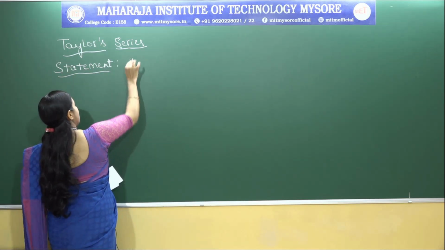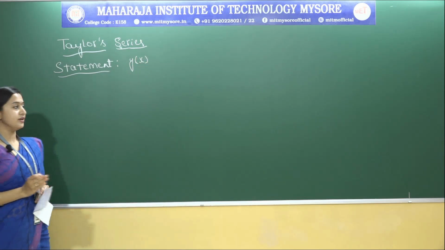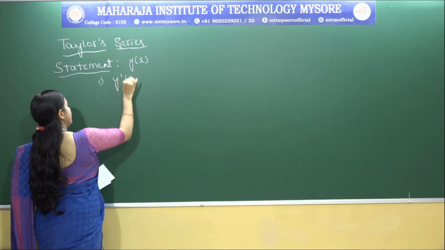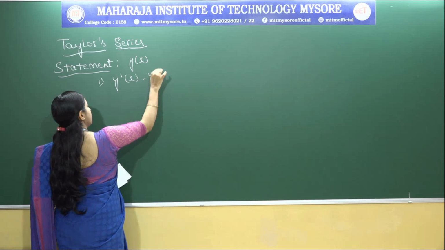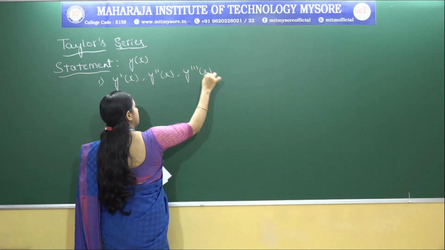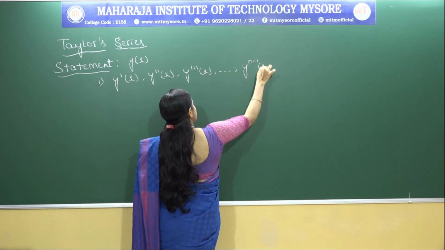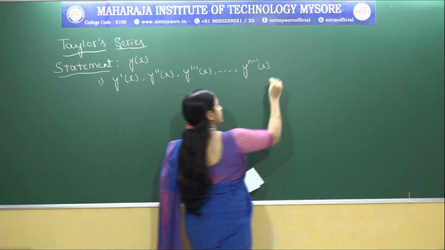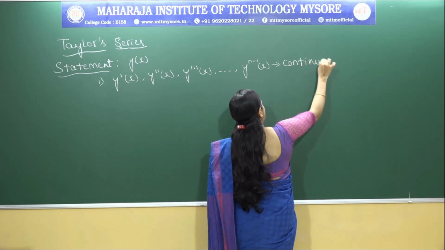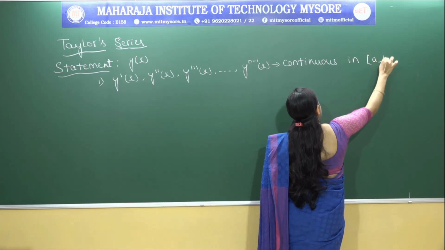Consider the function y of x which satisfies the conditions. The first one: y dash of x, y double dash of x, y triple dash of x, continuing till y n minus 1 of x is continuous in the closed interval AB.